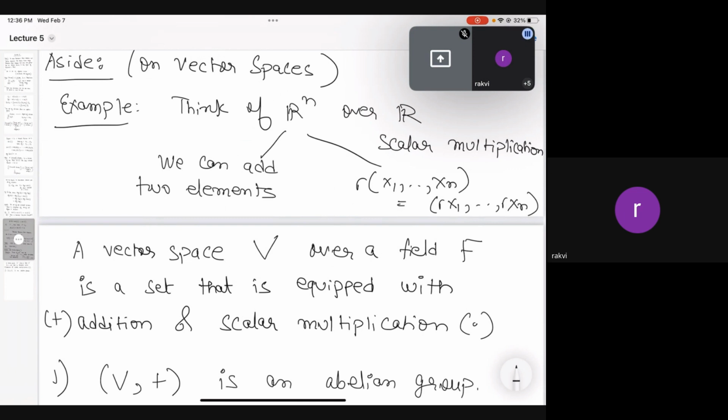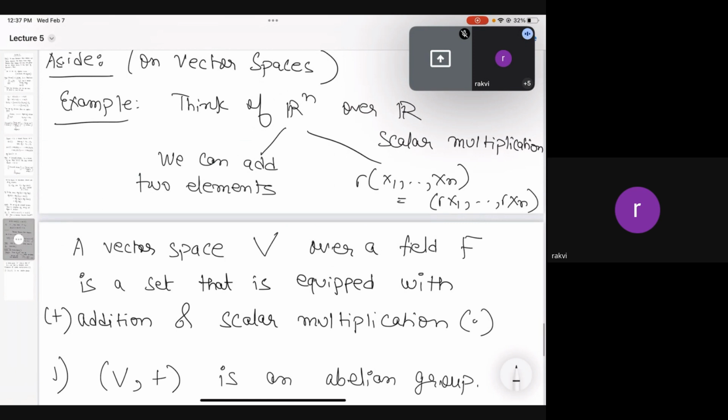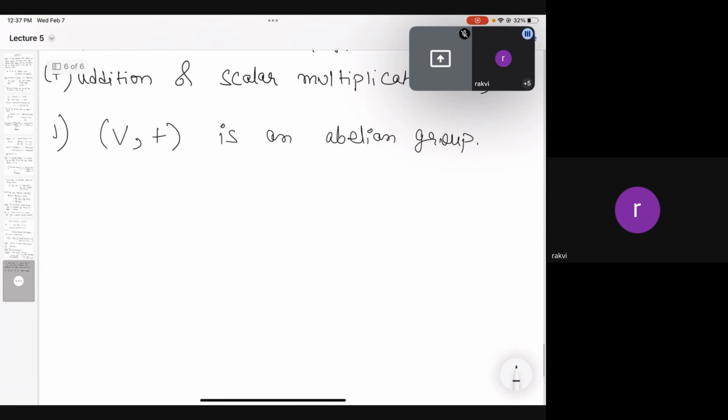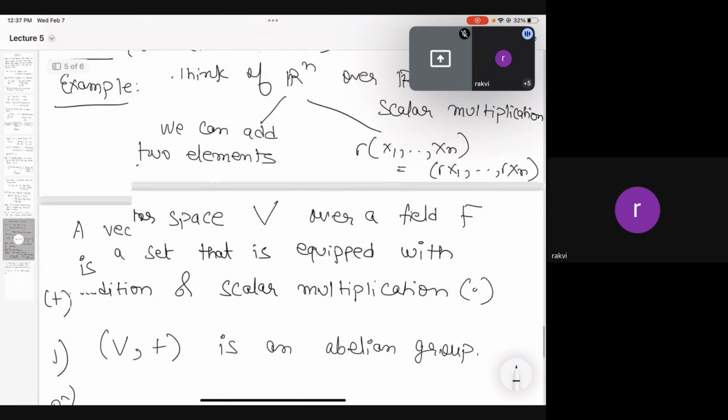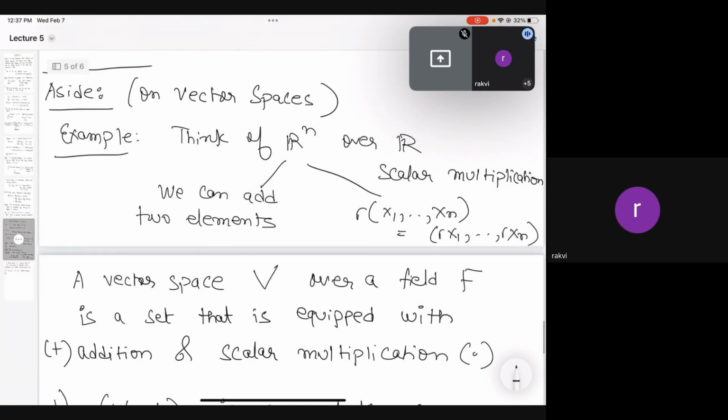This addition is associative just because it's associative over R. And then we have commutativity, a zero element, and additive inverses. So under addition, it must form an abelian group. And now there are some properties of scalar multiplication. Where do the scalars come from? These scalars come from the field. For example, in R^n over R, this r is a scalar; it is a real number.